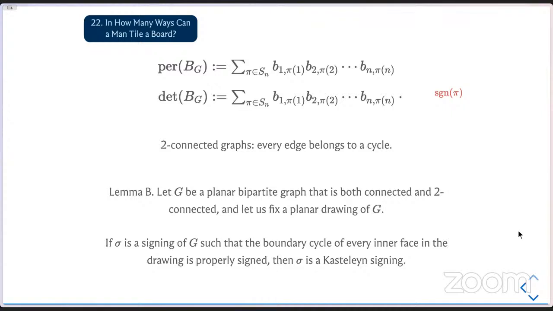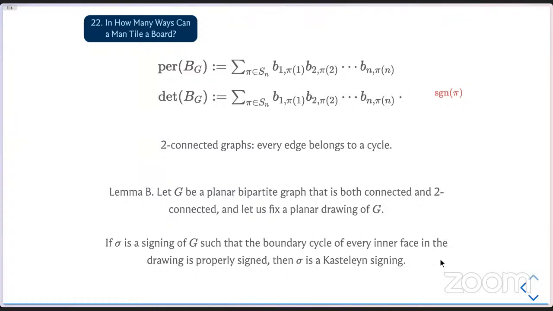So if you draw a graph on the plane, you get essentially a bunch of faces, especially if it's a two connected graph, then every edge belongs to a cycle, and these cycles more or less correspond to faces, where some of these cycles are large and they're going to contain other faces and so on. But let me just point out that the inner faces are basically faces whose boundaries are cycles of the graph.